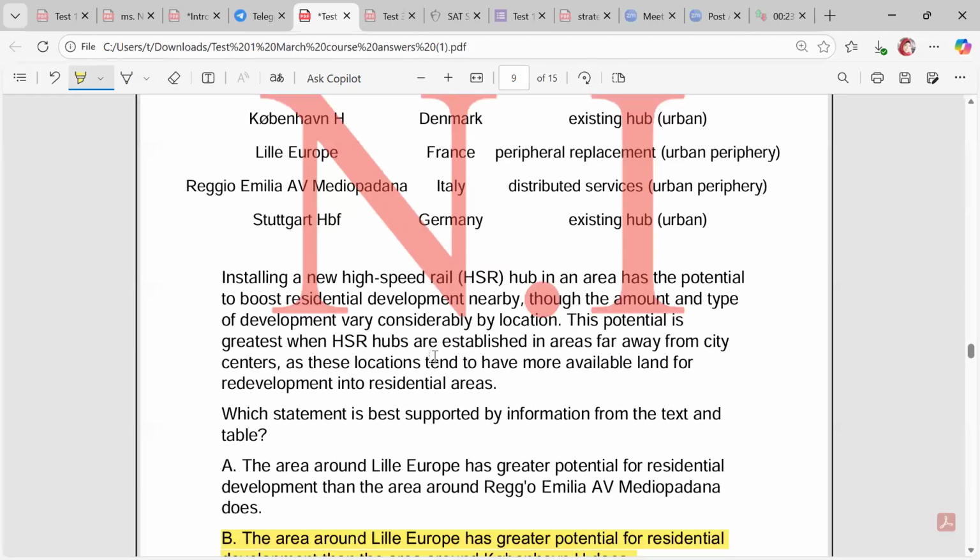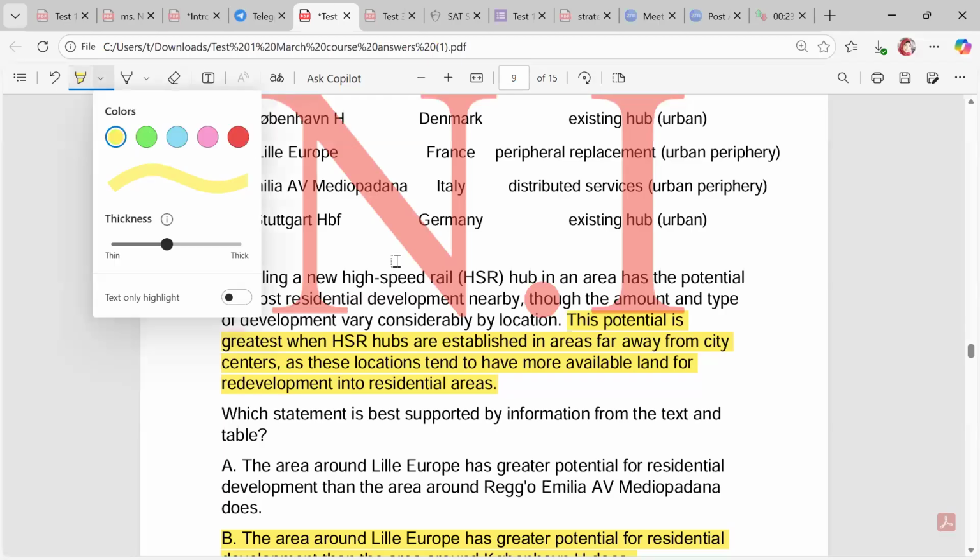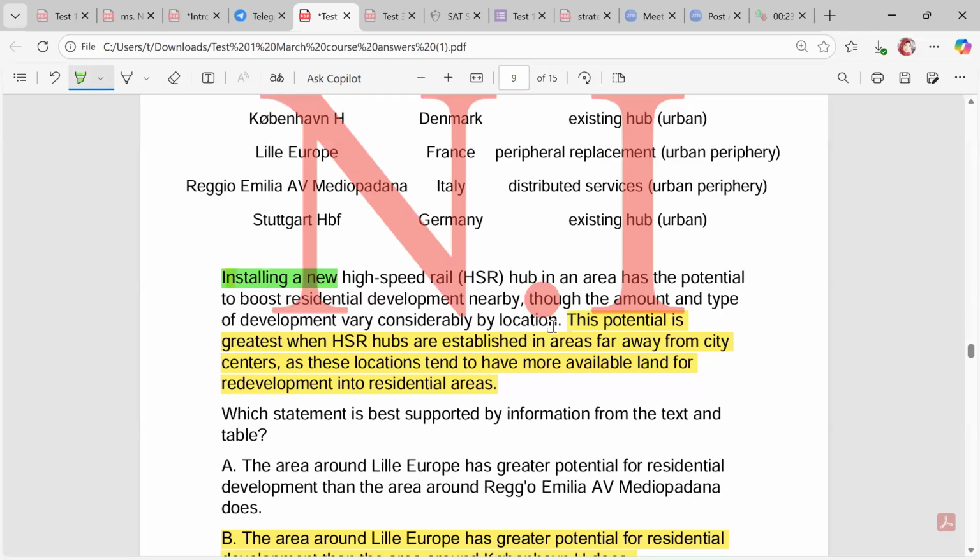For graph questions, we focus on the last sentence if it is giving you enough information, or the last two sentences if the last sentence is not complete. You can skim this part quickly and your answer will be focused on this last sentence, since it's a very long one and it has all the elements.